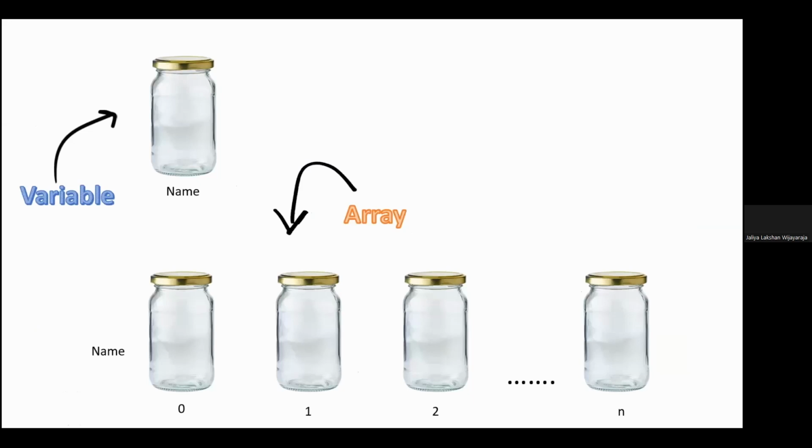So typically a variable has a name and a value. A variable is something where we can store our data temporarily, and then we can use them when we are running our program.